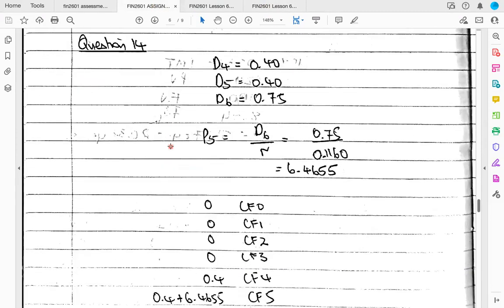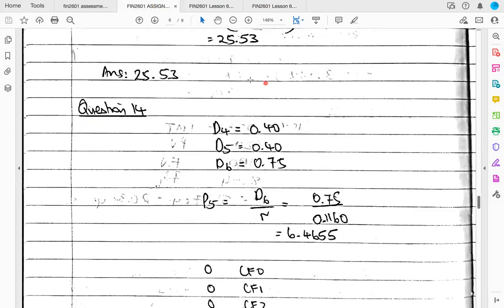So for us, we have D1 being equal to 0, D2 being equal to 0, D3 being equal to 0, D4 being 0.4, D5 0.4, and D6 0.75. So this is the last dividend, right?